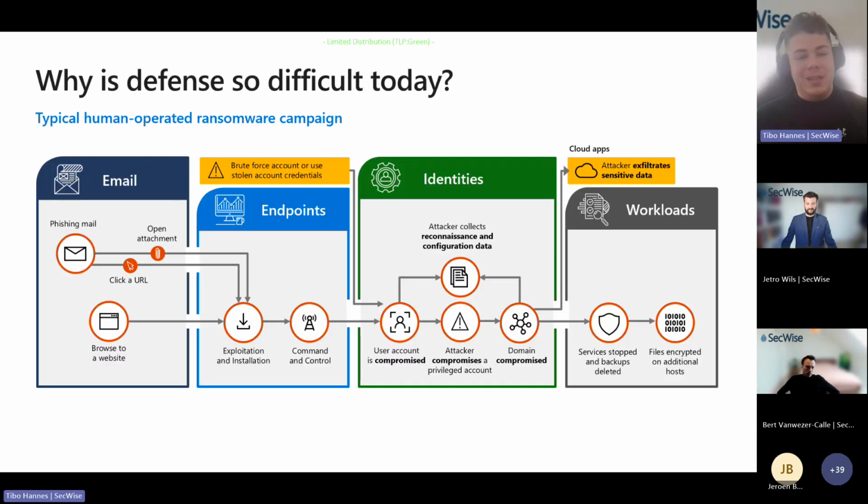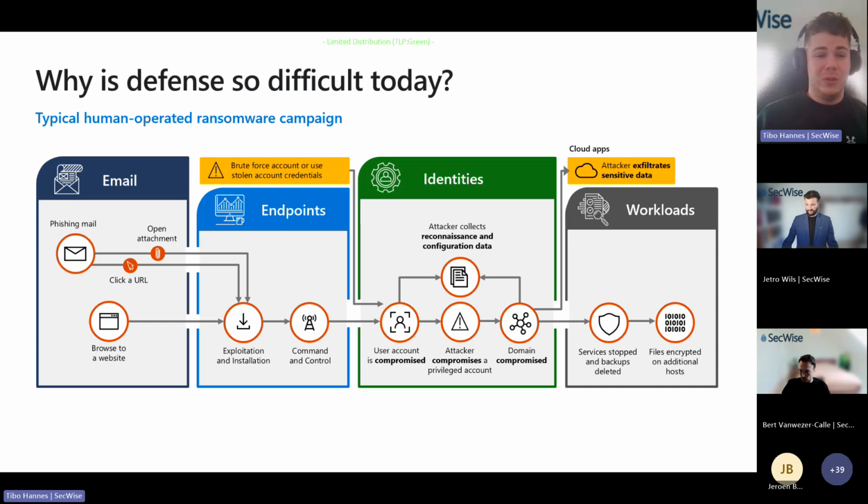But first of all, why is defense so difficult today? Why do we need NIS2? Why do we need these tools? Generally, if you look at this typical human-operated ransomware campaign, it all starts in one domain, through email, through a phishing mail that comes in. It goes on to the next by deploying some payload, like malware or something else, on your endpoint with communication to command and control.